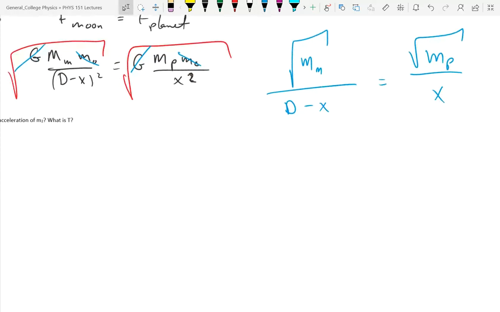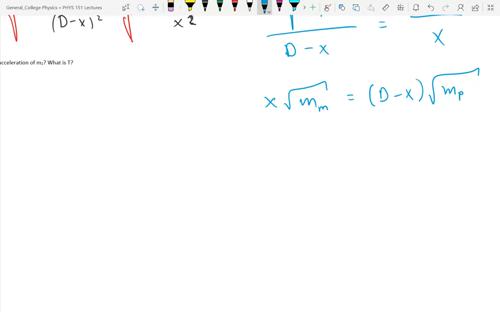cross multiply and factor. I'm just going to divide everything right now by square root of M_P.